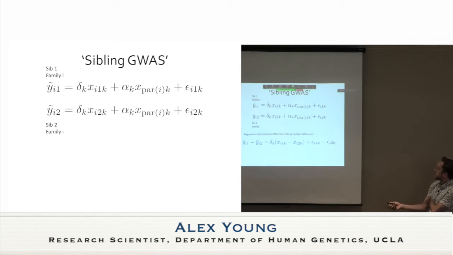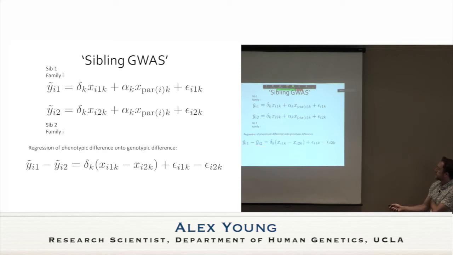So if we take the difference between the siblings' phenotypes, the difference between siblings due to direct genetic effects is going to be due to the genetic differences between the siblings. And because the average parental component of the siblings' genotypes is the same, that cancels out.